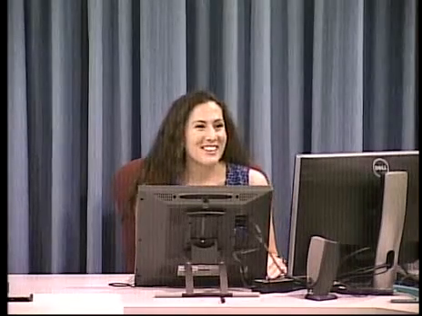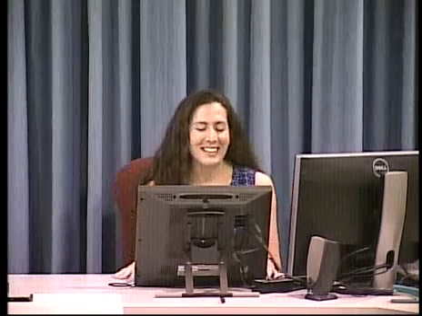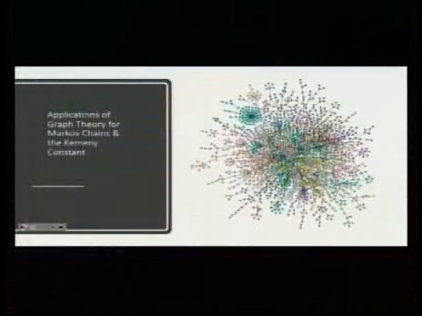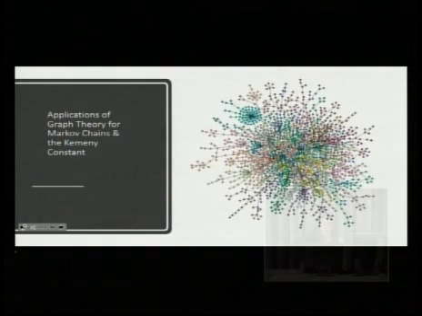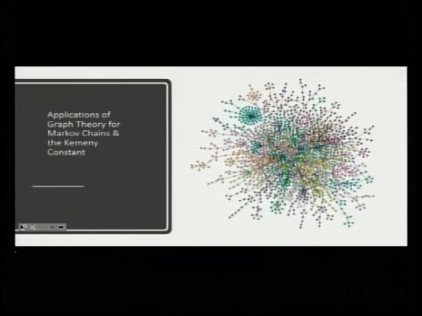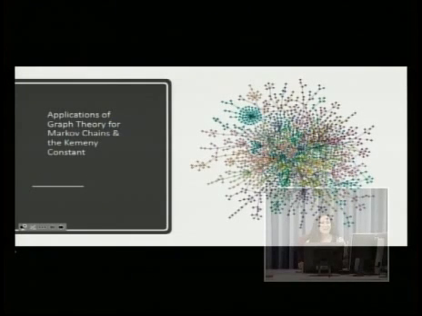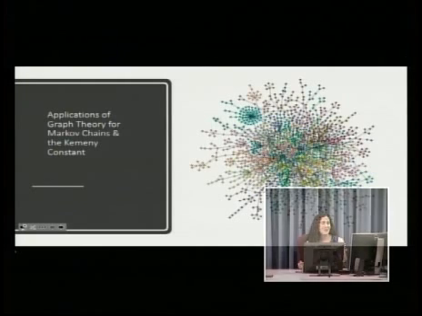Good morning, everyone. My name is India, and for my research paper, I looked at applications of graph theory for Markov chains and the Kemeny constant. So the idea is that oftentimes we look at the study of Markov chains through the context of linear algebra. We look at matrices, we solve systems of equations, and so on. But it turns out we can also look at Markov chains through the lens of graph theory.